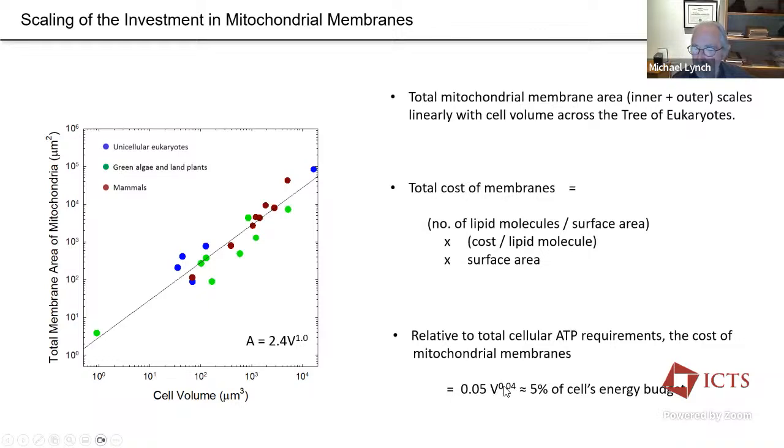So effectively, the volume is irrelevant here. And so this is equivalent to 5% of the cell's energy budget. So what this is telling us is the mitochondria themselves, just the production of the lipid membranes in mitochondria is 5% of the energy budget of a typical eukaryotic cell.